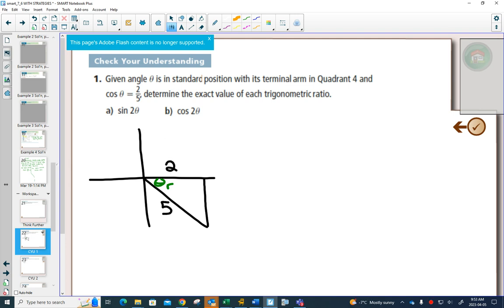A squared plus b squared equals c squared, and I would get the square root of 21. And from this, we already knew that cos of theta was 2/5, but now we know that sine of theta is negative root 21 over 5.